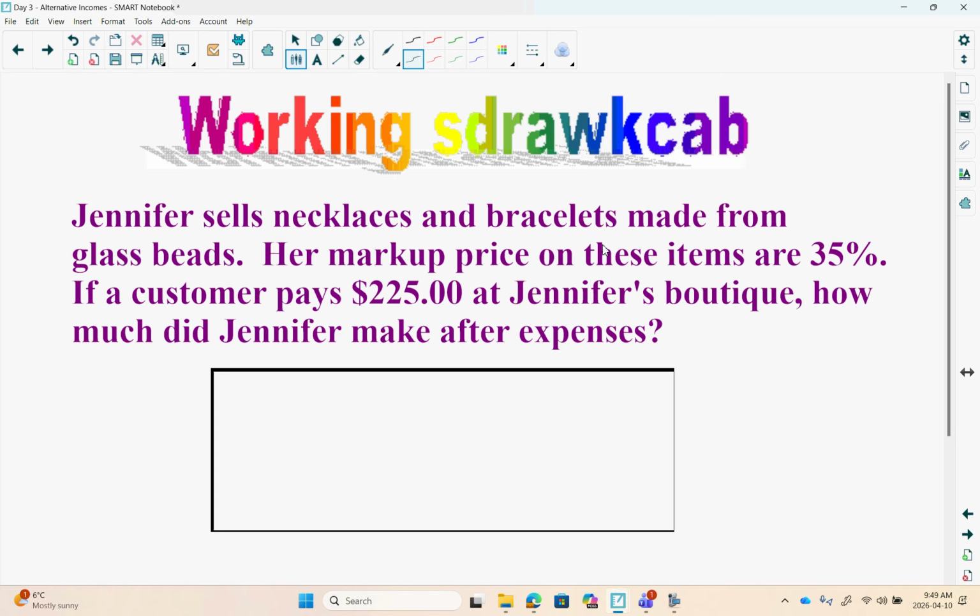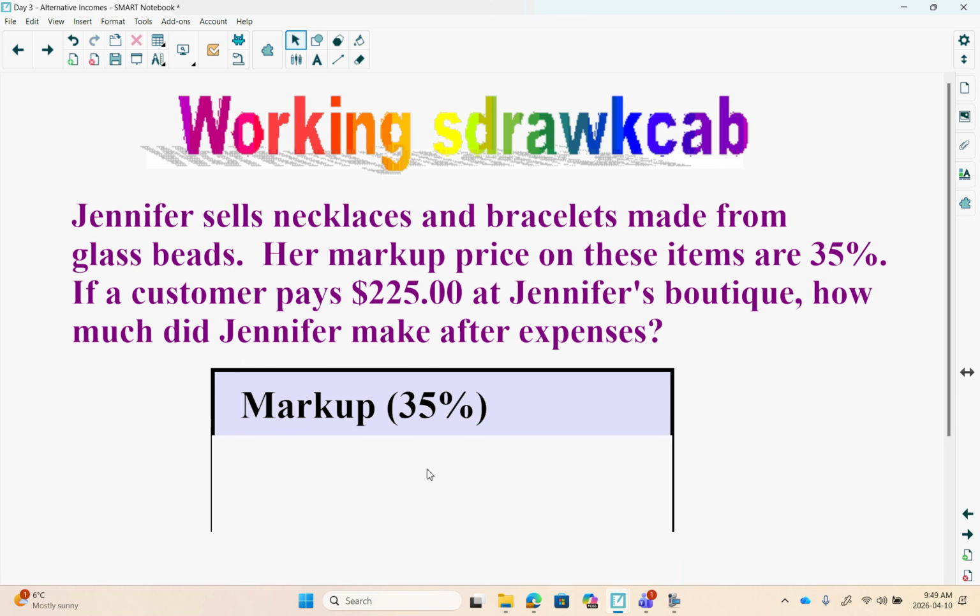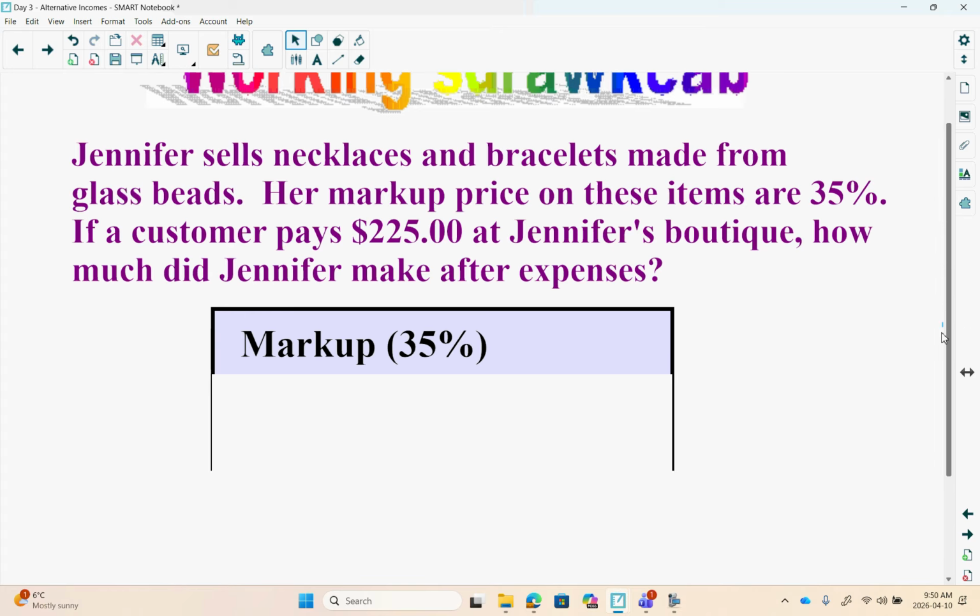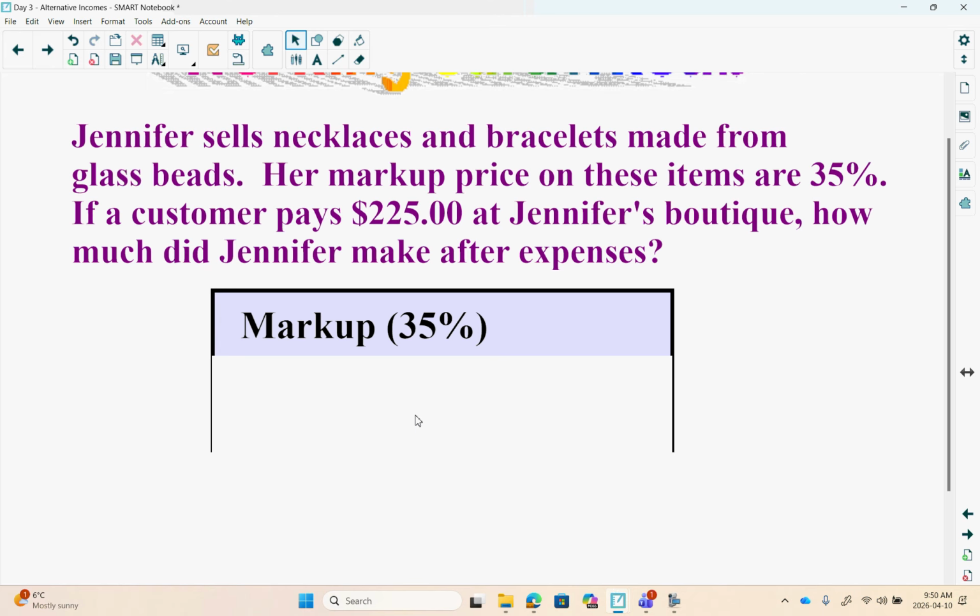Jennifer sells necklaces and bracelets made from glass beads. Her markup price on these items is 35%. If a customer pays $225 at Jennifer's boutique, how much did Jennifer make after expenses? Okay, in order to do this question, we need to know what the markup percentage is. And we want to know how much Jennifer made after expenses. So if her markup price on these items is 35%, a customer pays $225.